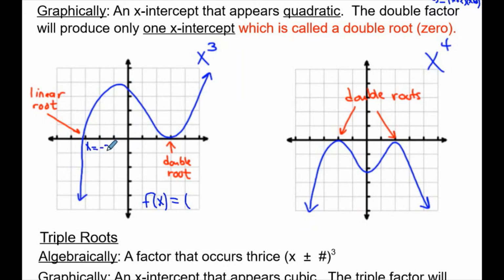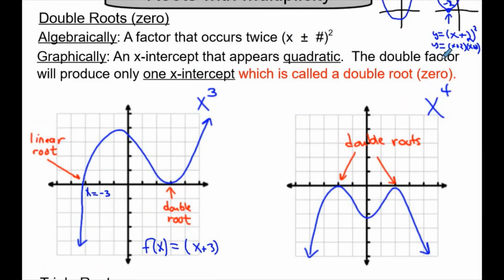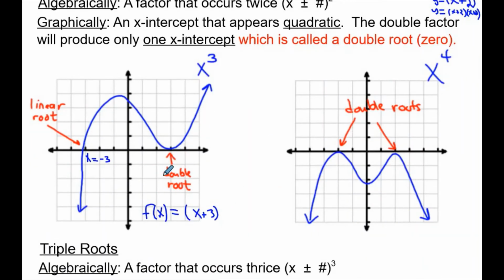So if this is at x equals -3, then the factor would be x plus 3, as we learned back with quadratics. This one is clearly at 3. So if this is at x equals 3, this actually occurs twice, x minus 3, x minus 3, but we don't leave it like that. We would simply write it as x minus 3 squared.